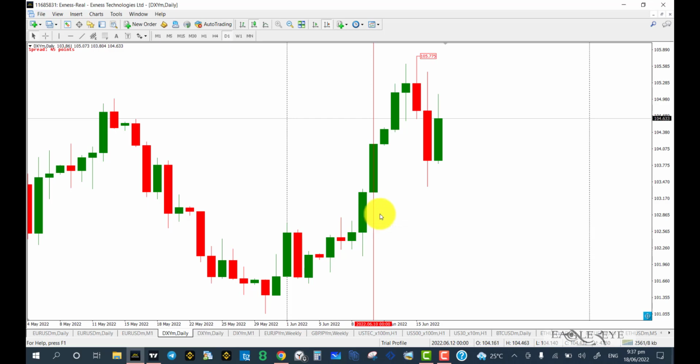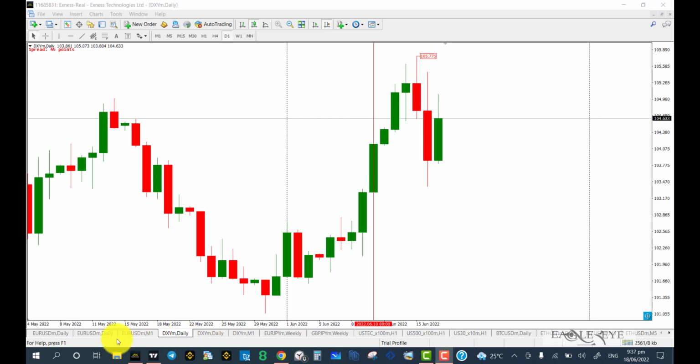What is my expectation for the coming week? I expect to see this particular high, the one marked at the 105.75 level, to be our next target.